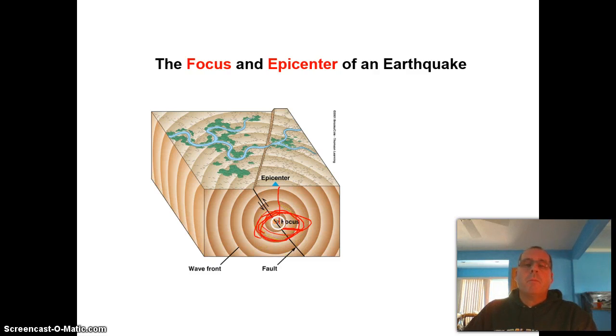But what we normally think of as an earthquake is when it moves up to the surface, and we call that the epicenter. So on the 5 o'clock news, when they're talking about an earthquake, they're talking about the epicenter, where it actually comes up and hits Earth's surface. Okay, so we've got the epicenter of the quake, and we've got the focus.